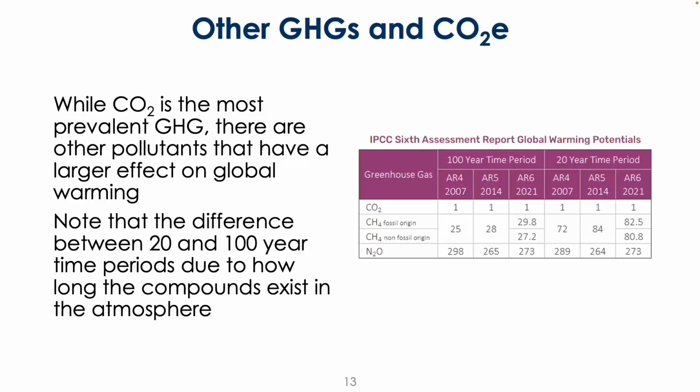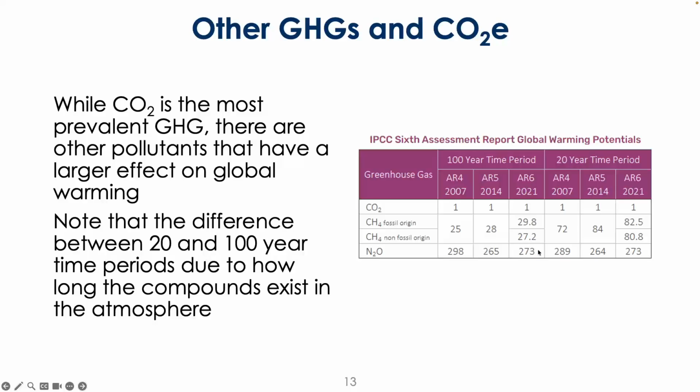If I emit a molecule of methane, that leads to a different amount of warming. And methane will lead to a much larger amount of warming than CO2. In one of the more recent measurements of this, they're basically saying methane is about 30 times worse than CO2, and N2O is about 200 to 300 times worse than CO2.